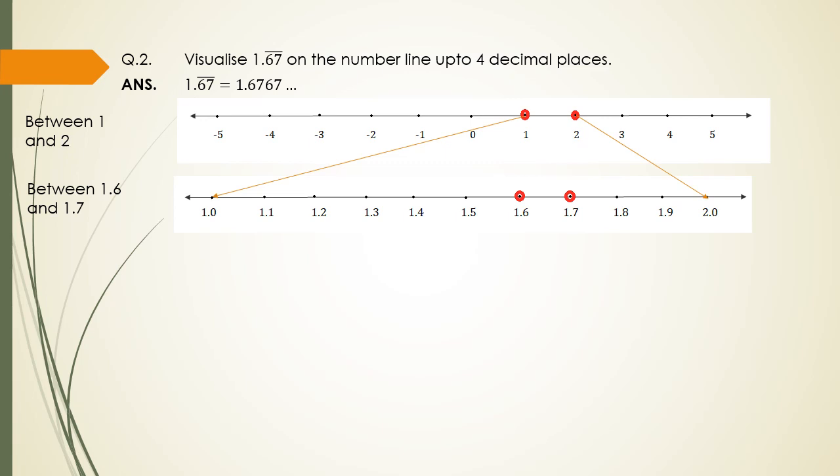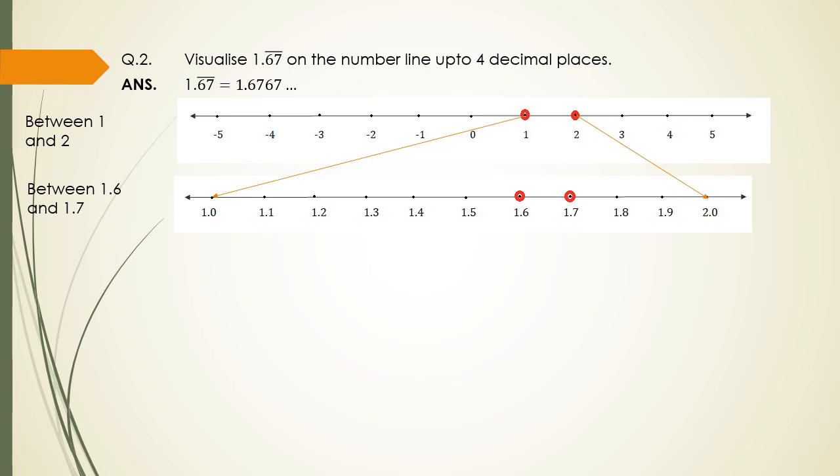Now before going to the next step, you have to understand that our number 1.6767 lies between 1.6 and 1.7. If you want to represent that on the number line, it will come between these two numbers. You just have to go to the next number.